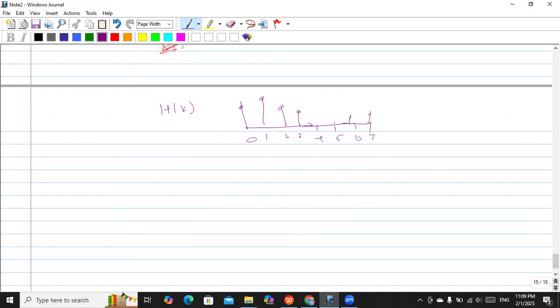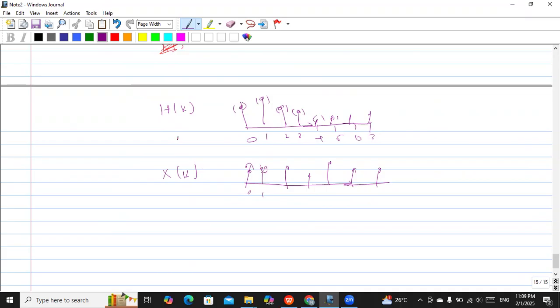You will have some complex values. Actually, you can't plot them because some of these will be complex values. And once you find Xk, the 8-point DFT of xn, again you will have 8 points, 0, 1, 2, 3, 4, 5, 6, 7. These can be complex values.